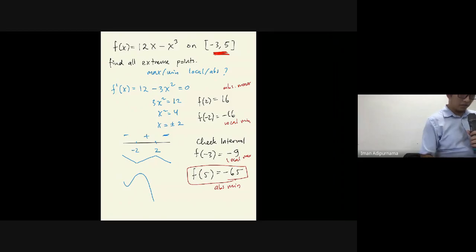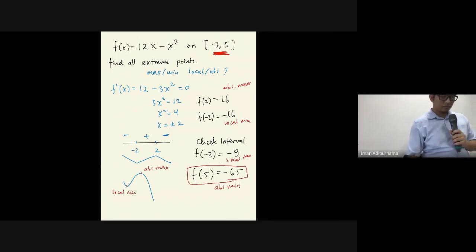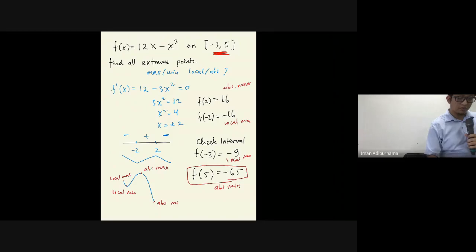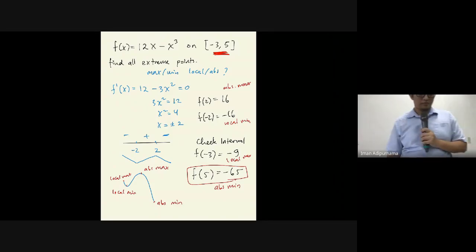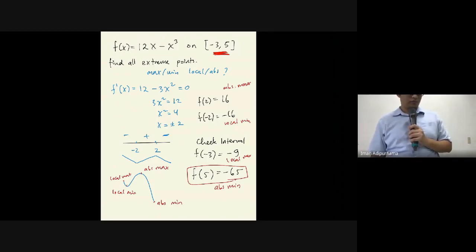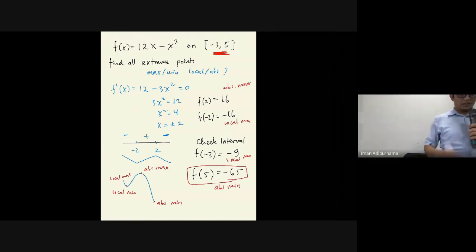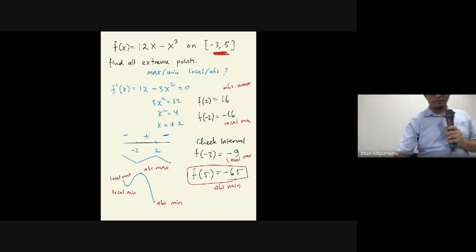So this is the absolute max. This is the local min. And this is the local max. And this is the absolute min. This is just roughly illustrated based on the numbers we get from the calculations.